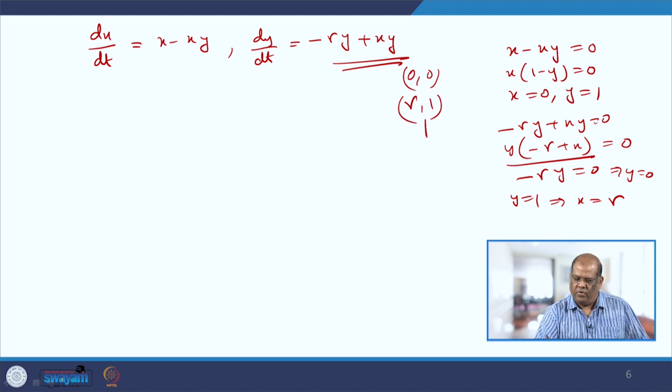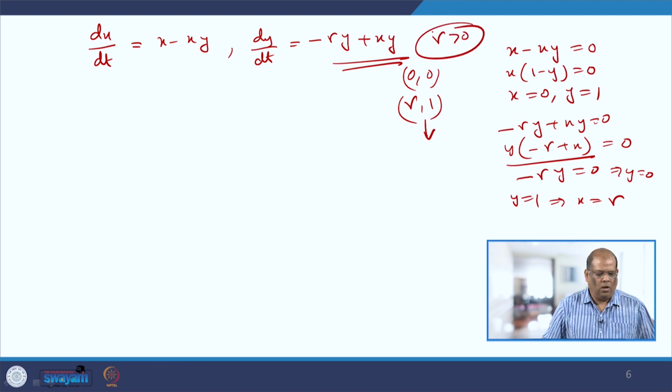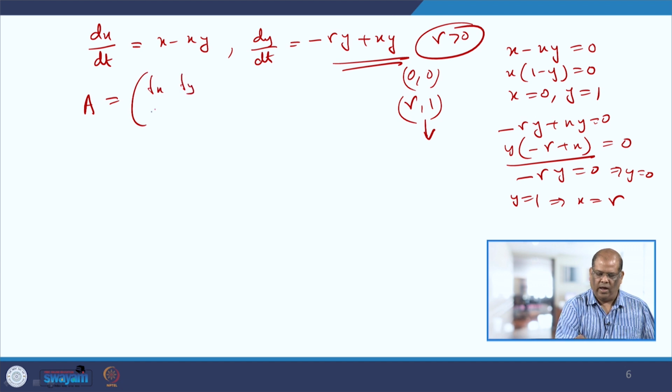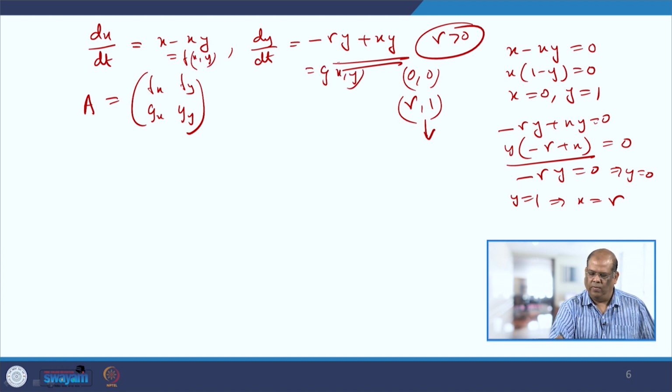This time we will be checking the stability at the point (gamma, 1) where gamma is a positive number. If I use Lyapunov's indirect method, then I have to write the matrix fx, fy, gx, gy, where this is equal to some f(x,y) and this is equal to some g(x,y).